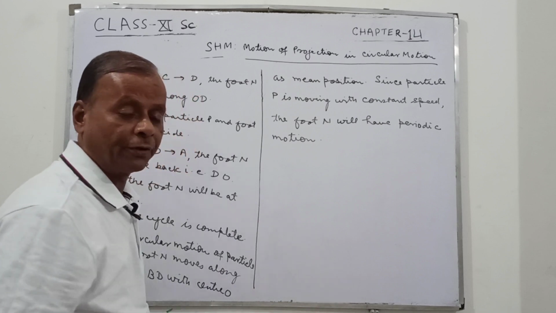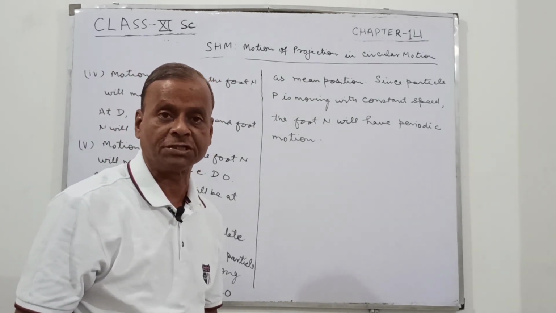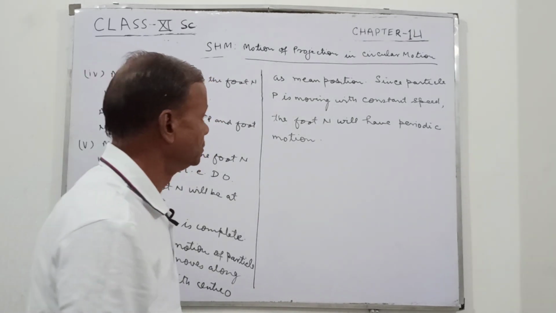The foot N is moving along a straight line, so this is the simple harmonic motion of the foot.